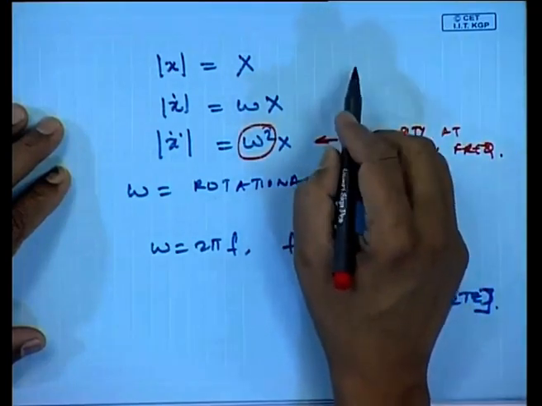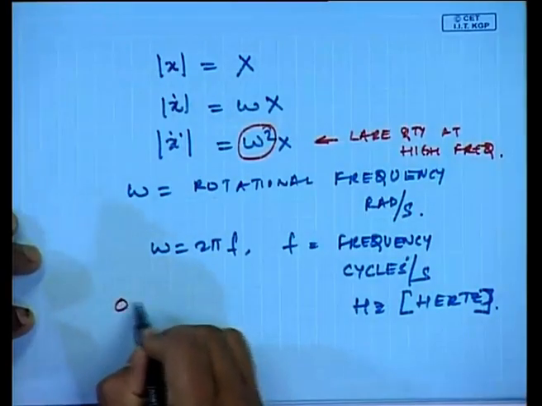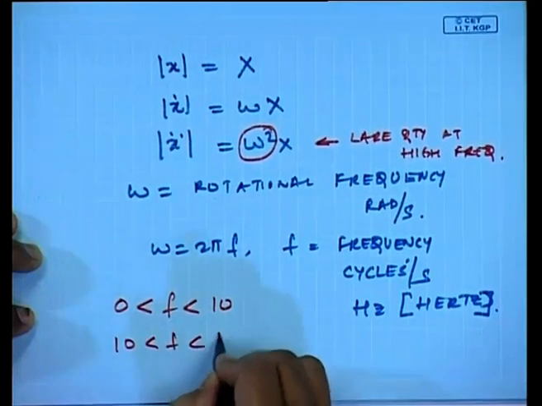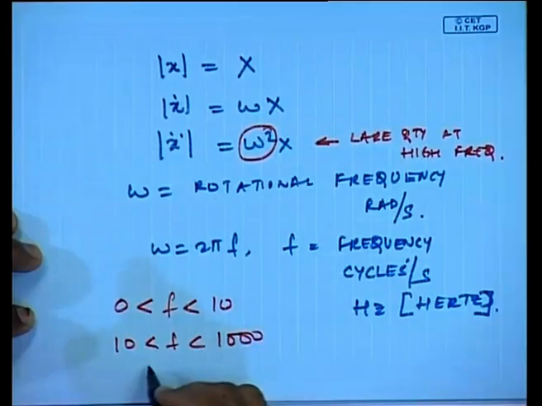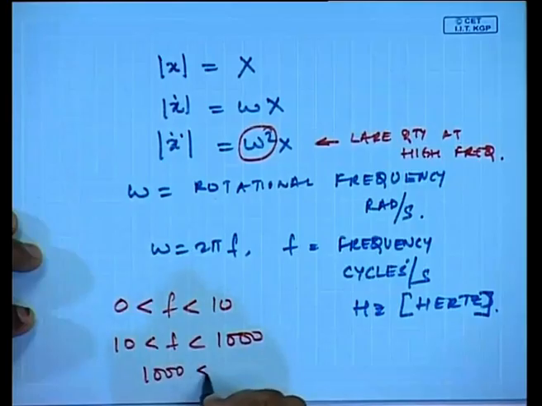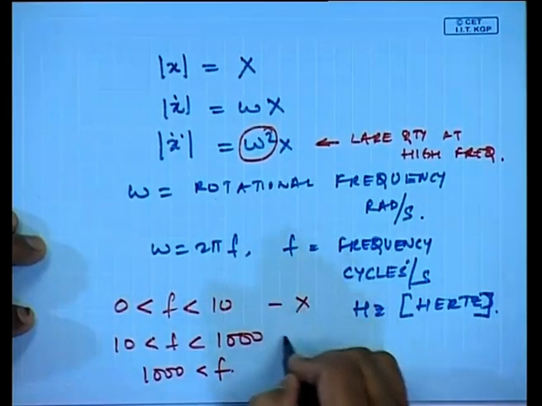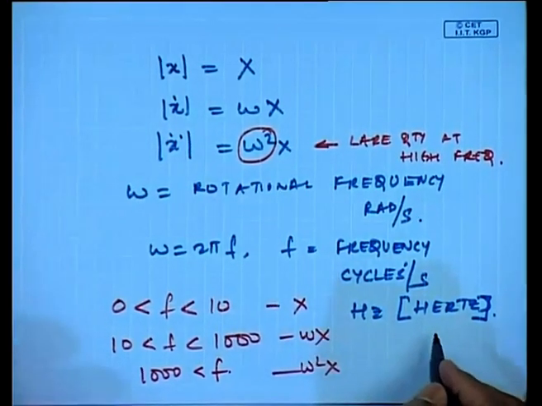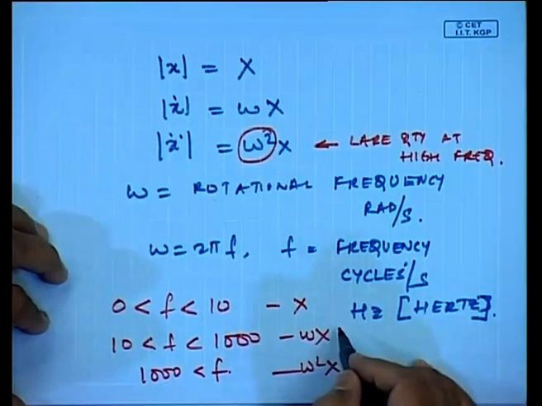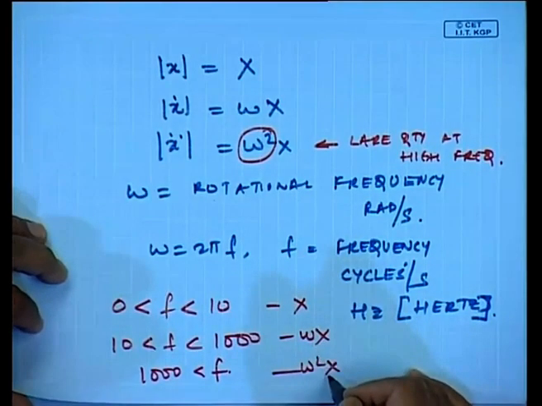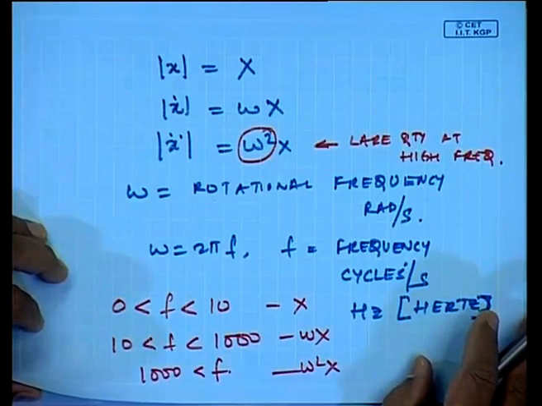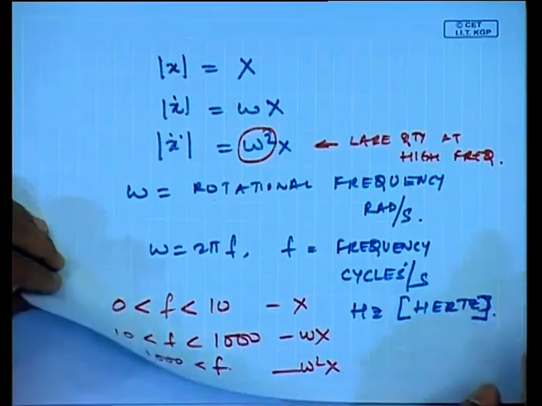And for intermediate frequencies, the rule of thumb is sometimes: below 10, this is for x, and for frequency greater than that, this is for omega x, and this is for omega square x. There are of course standards which also say whether you should measure displacement or velocity or acceleration. This is something you have to keep in mind as to what kind of response has to be measured and determined from mechanical systems which are vibrating.